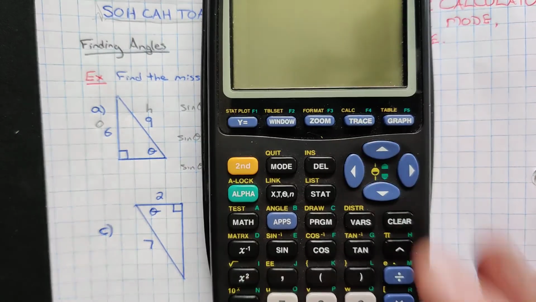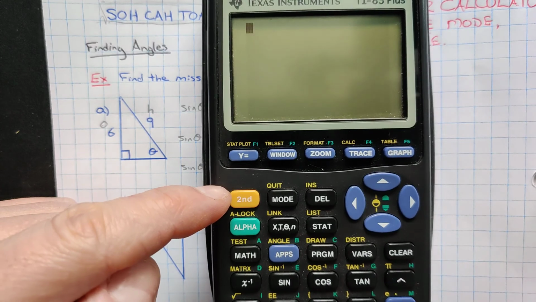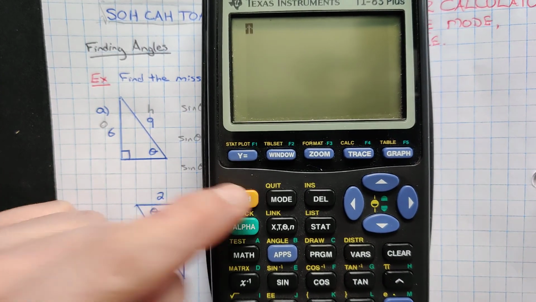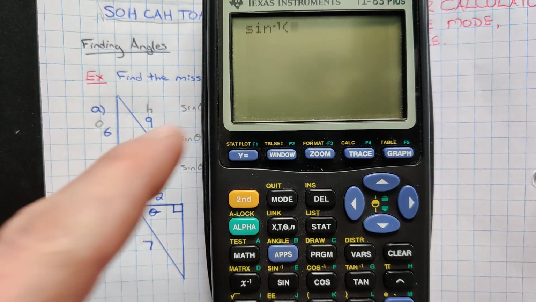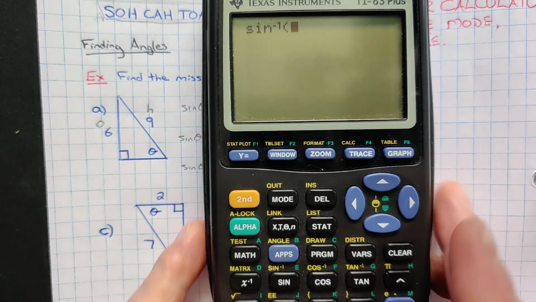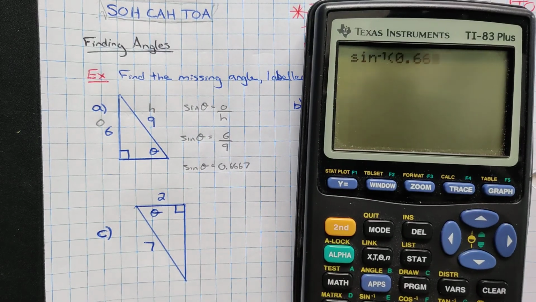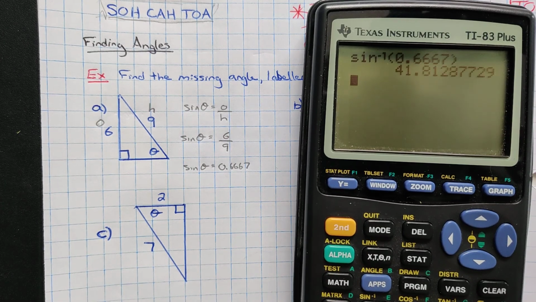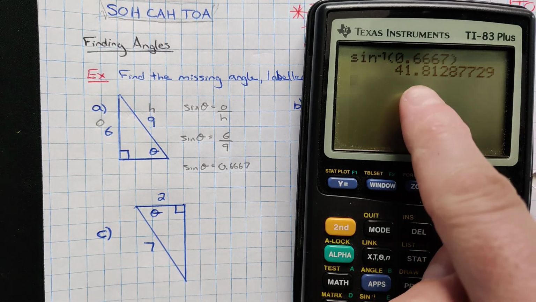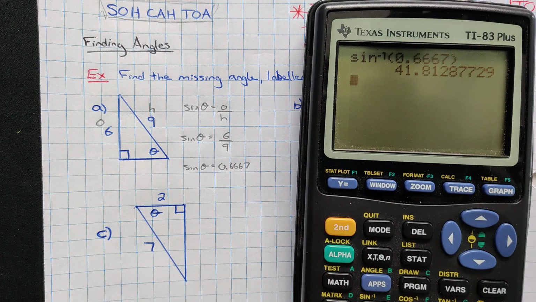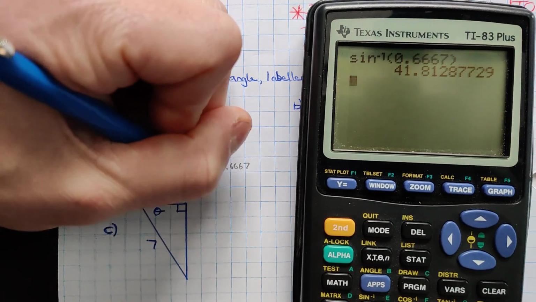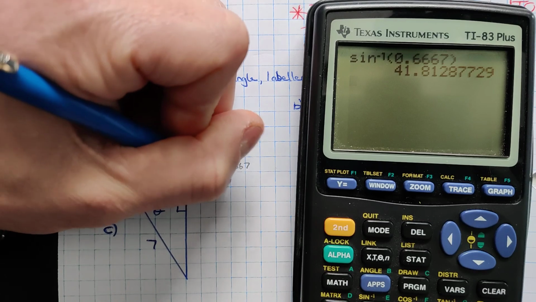So when we're looking for the angle, you press Shift or second, and then the sine button. And you should get the sine to the -1, and then we'll type in that decimal, 0.6667. Hit enter. 41.8, so 42 degrees. Always round to the nearest degree unless stated otherwise.